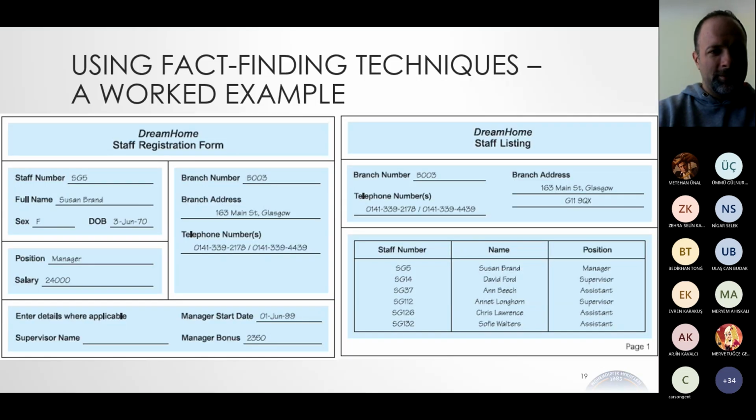Let me get my trusty pen out so that I can draw on this. Okay, a staff registration form. So this is going to be staff information. We'll probably need something like a staff table.